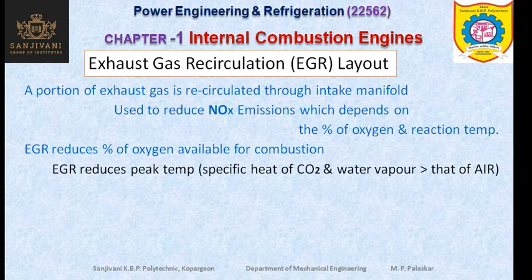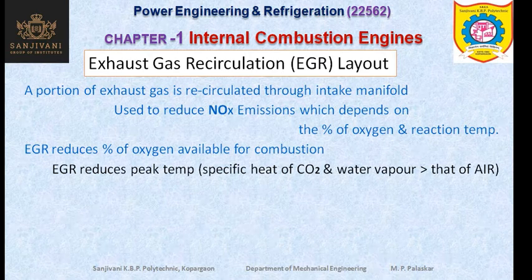So CO2 and water vapor will be more and air will be less, and the specific heat of carbon dioxide and water vapor is more, so they can absorb more heat with less increase in temperature due to higher specific heat.